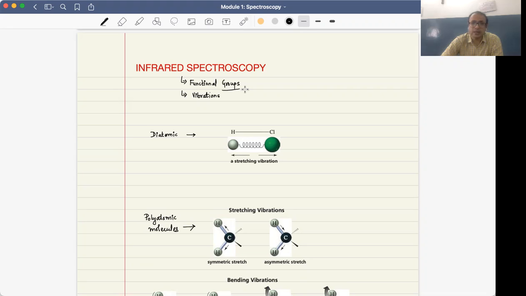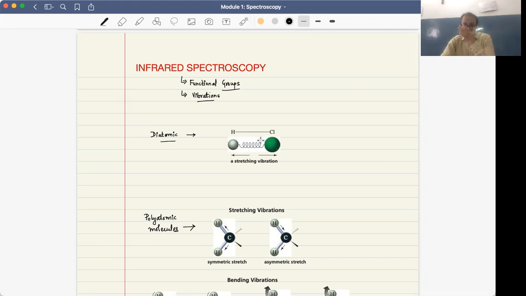Now, from a molecular perspective, infrared spectroscopy basically deals with the vibrations present in a molecule. Let us quickly look into the various types of vibrations that might be present in a molecule. To start with, let us look at the simplest diatomic molecule, like HCl.